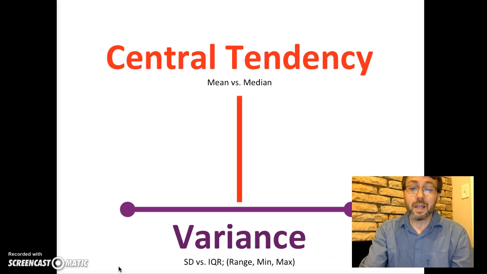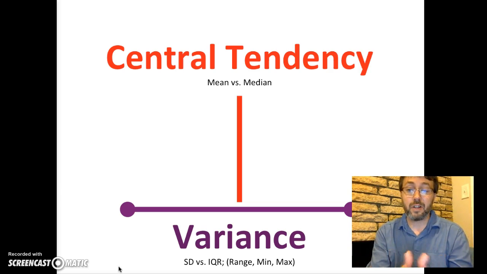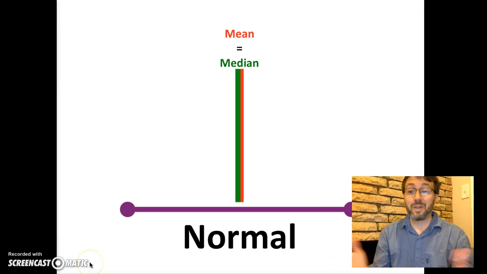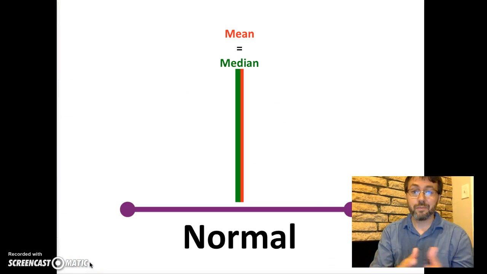So let's begin now to look at how the variance for that average number of hospital discharges for heart failure affects our understanding. Now, when data are normally distributed, the mean and the median value for that variable are essentially equal, very, very close to each other.